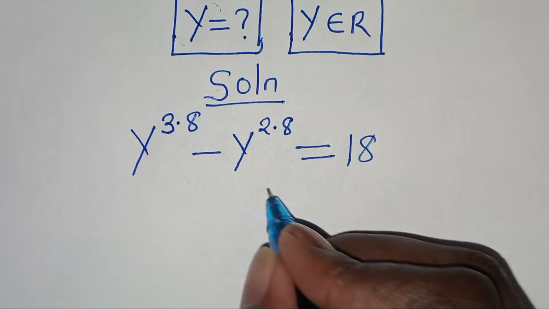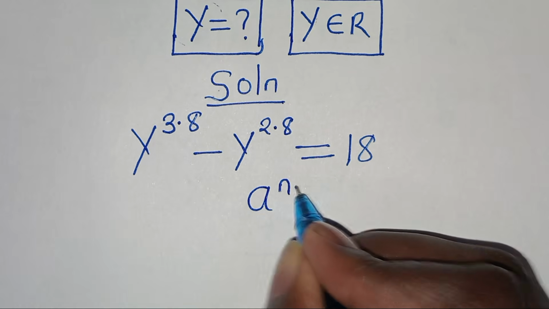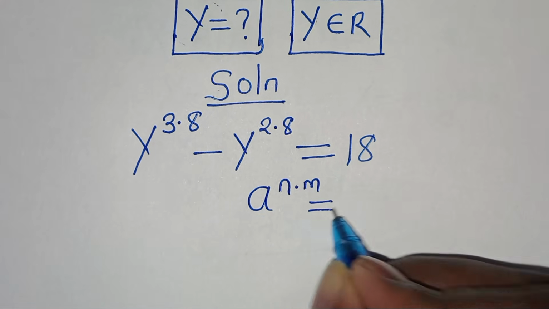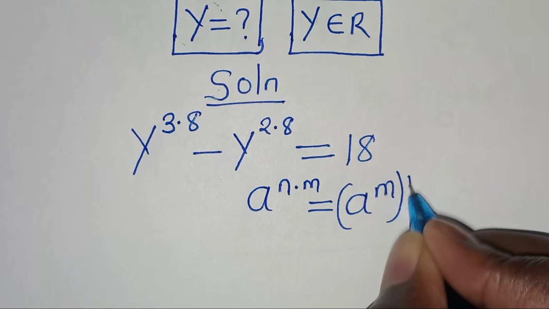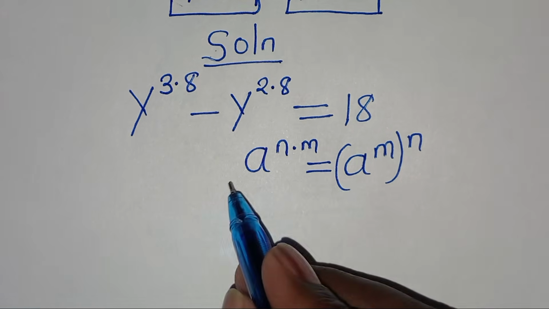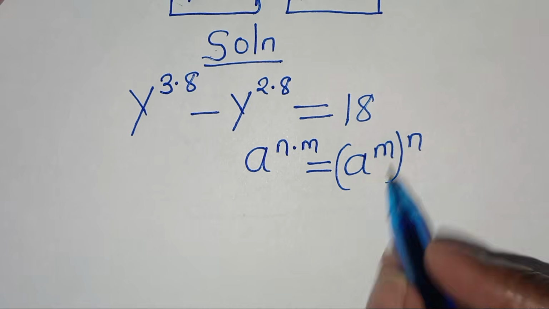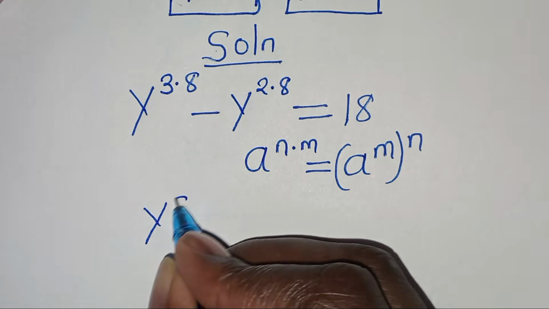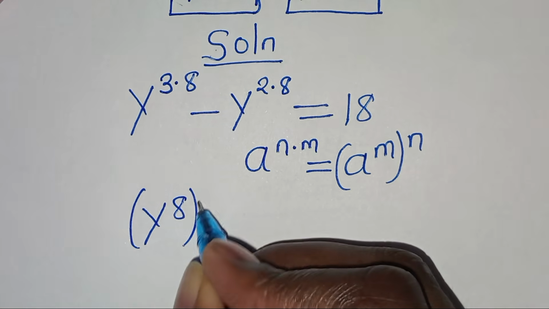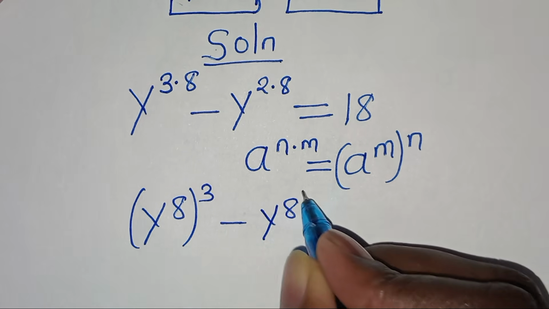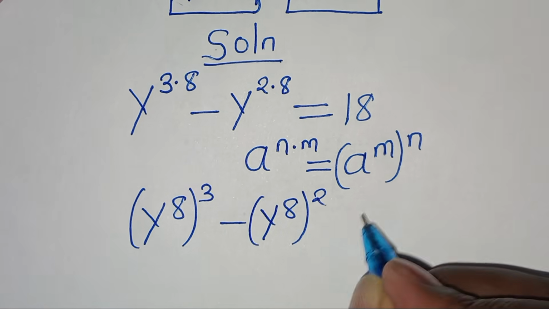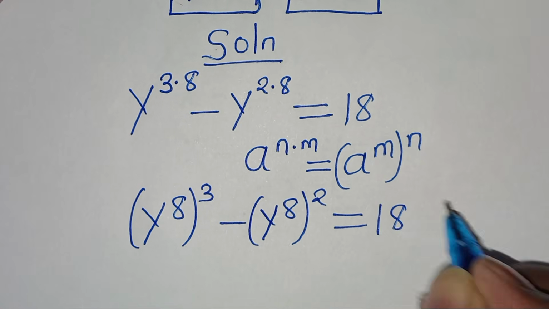This is in the form of a to the power of n times m, which we can express as a to the power of m raised to the power of n. Applying this exponent property, we have y to the power of 8 raised to the power of 3, minus y to the power of 8 raised to the power of 2. This is equal to 18.